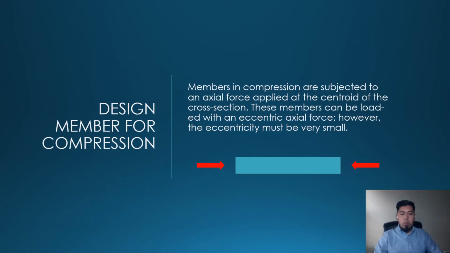Design of members in compression. They are members subject to axial force applied at the centroid of the cross-section. These members can be loaded with an eccentric load. However, the eccentricity must be very small.